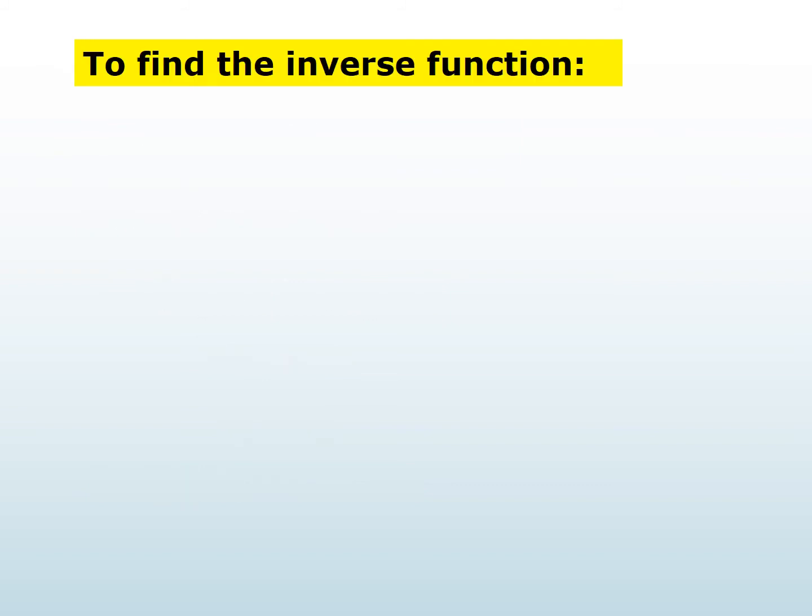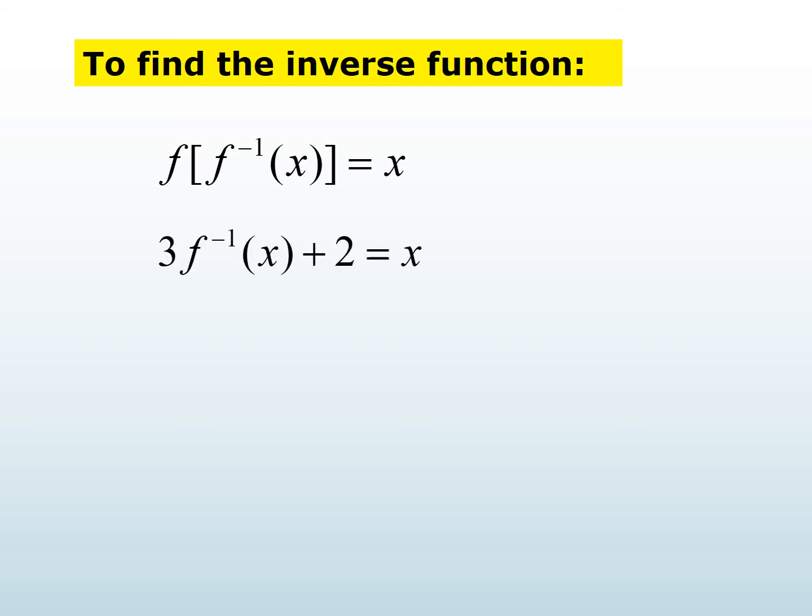To find the inverse function, we can use the property f composite f inverse equals x. So we put f inverse of x into f(x), and we get 3 f inverse of x plus 2 equals x.